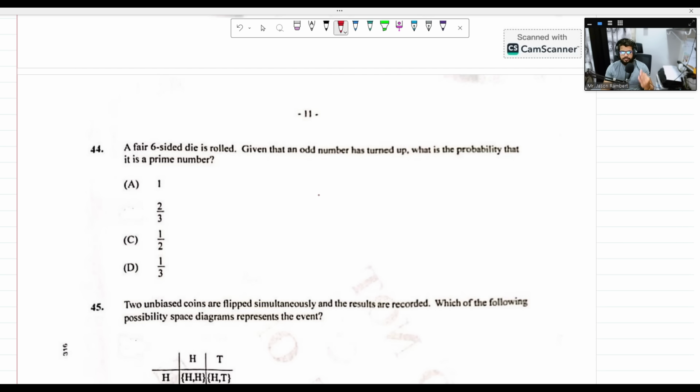The odd numbers are 1, 3, and 5. Yes, 2 is a prime number, but given that an odd number turned up, these are the numbers that can turn up. We have 3 possible outcomes, and 2 prime numbers here, so the answer is 2/3.